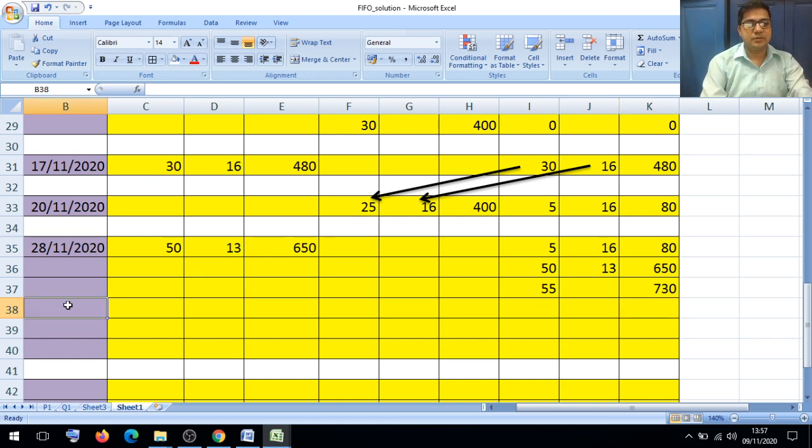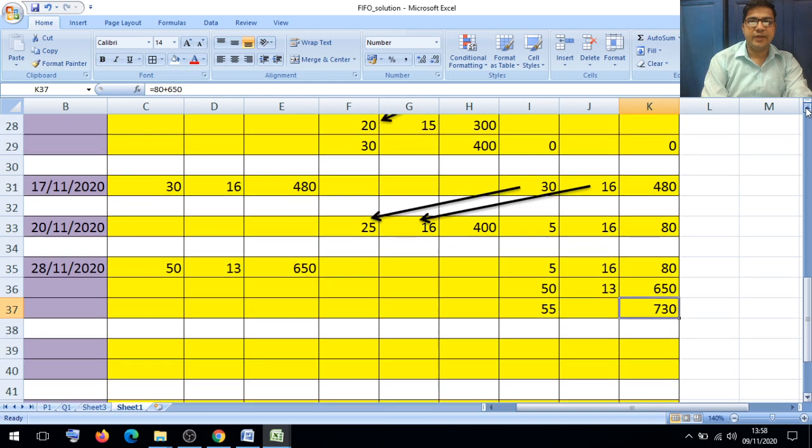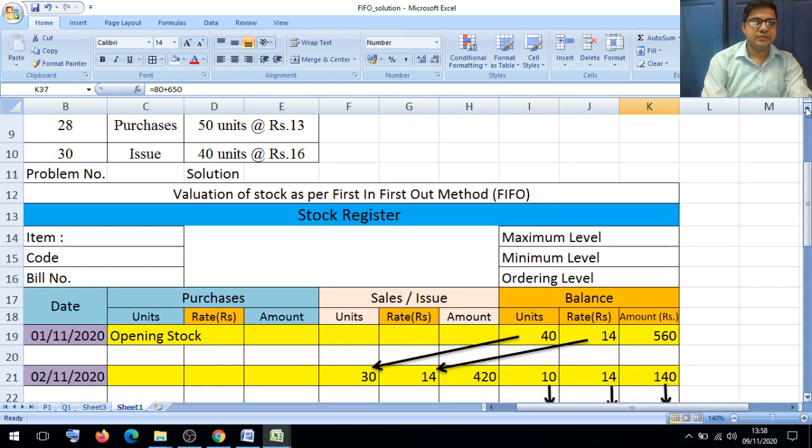These are the amounts available on 28th November. 55 units available and their total value in rupees 730. After 28th November, next date is on 30th November.